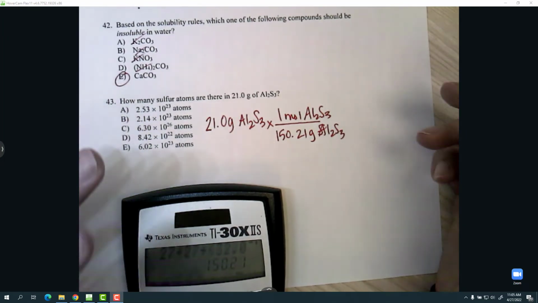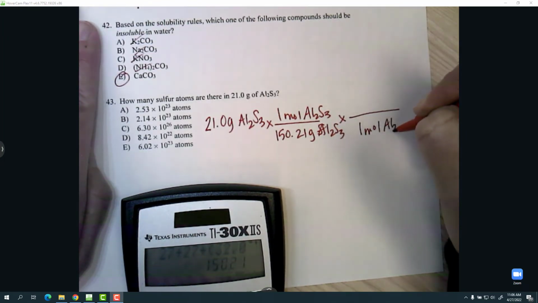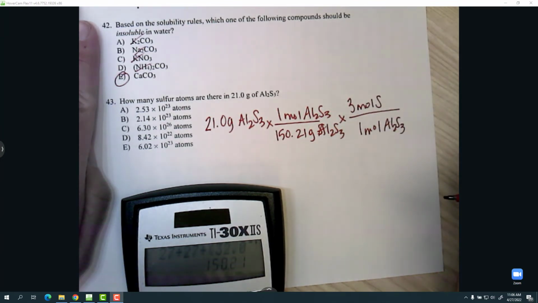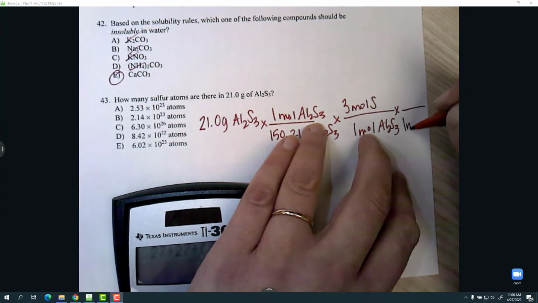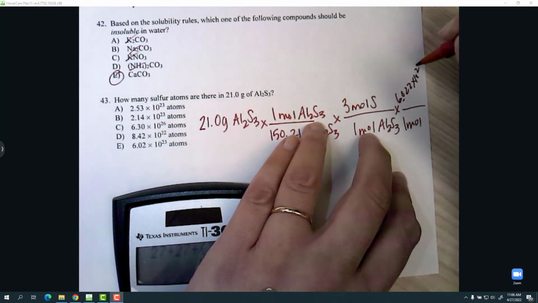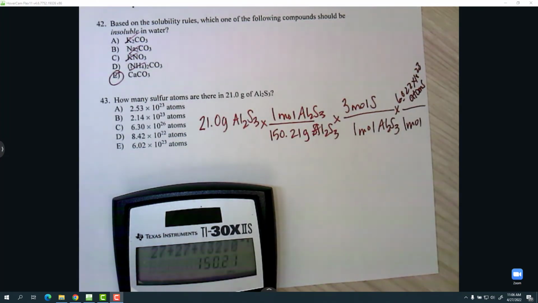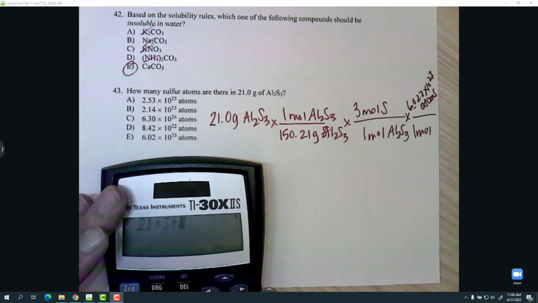That's the moles of the whole thing. Now I can go straight from that to 3 moles of sulfur in each one, right? Because every molecule has 3 sulfurs, and then I can go from there. You could put these in a different order and think about them a little differently and still get the right answer, if you have the same factors in the same general area.